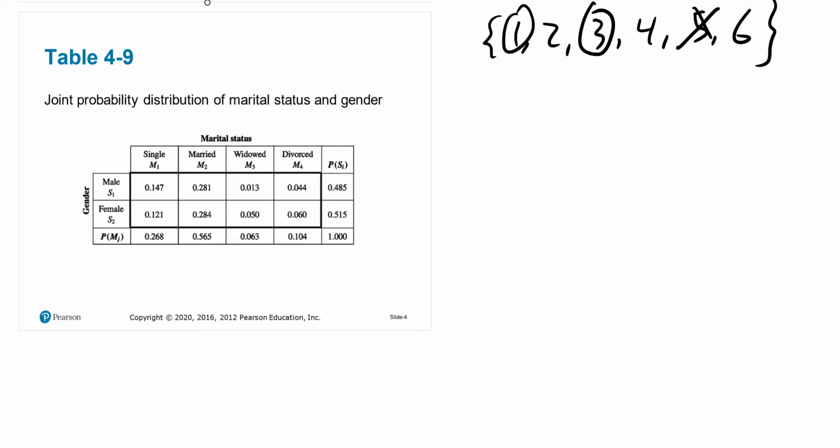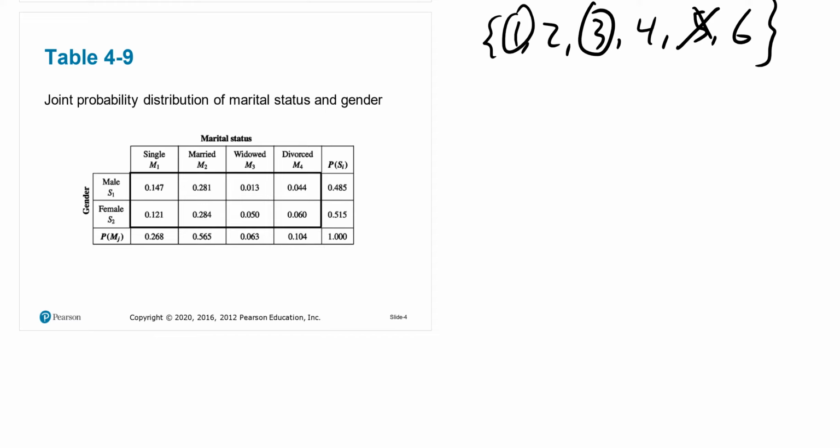The table is about a selected adult from a survey. The probability that the adult is single and male is 0.147, married male 0.281, single female 0.121, married female 0.284, and so on.